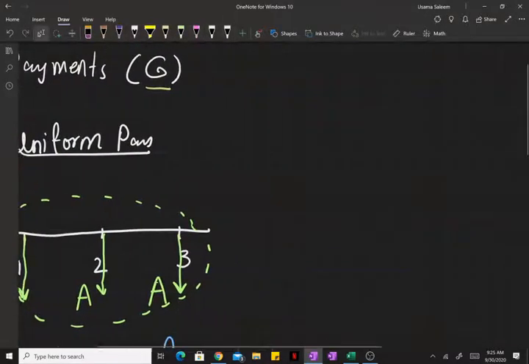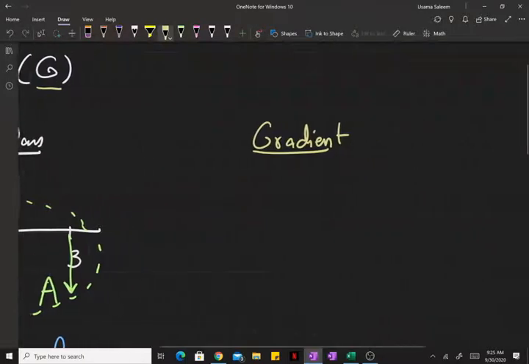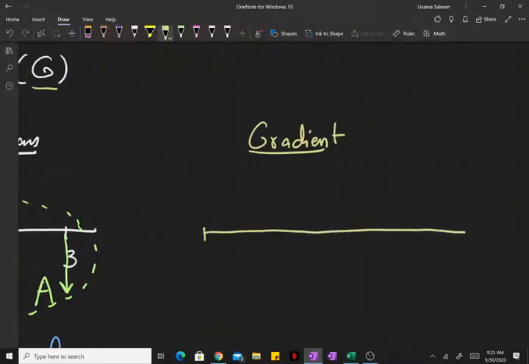Now, if we compare that to how a gradient payment looks like, I'll once again have a cash flow here. So at year zero, the amount withdrawn once again is equal to $1,000. And let's say at year one, nothing happens. There is no payment that I make, and there's no money that I receive from the other party.